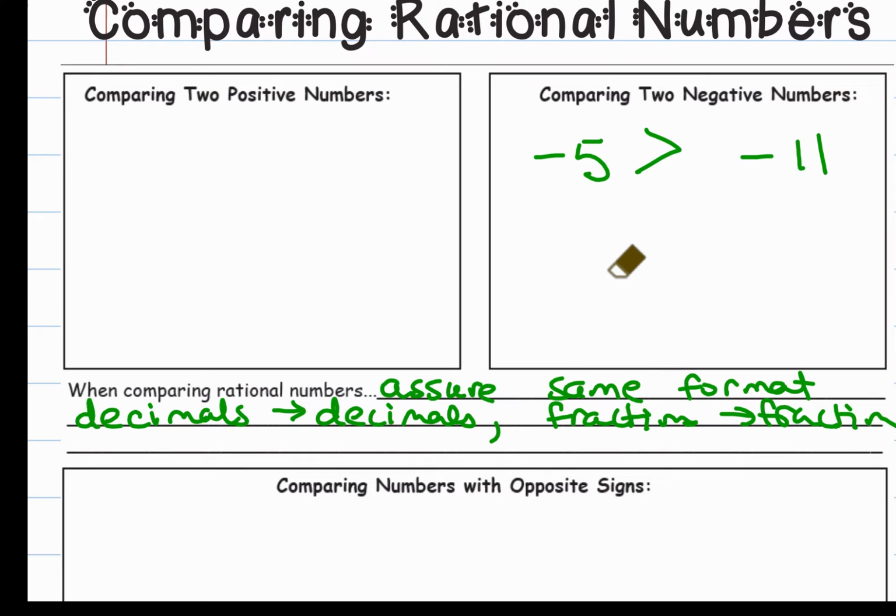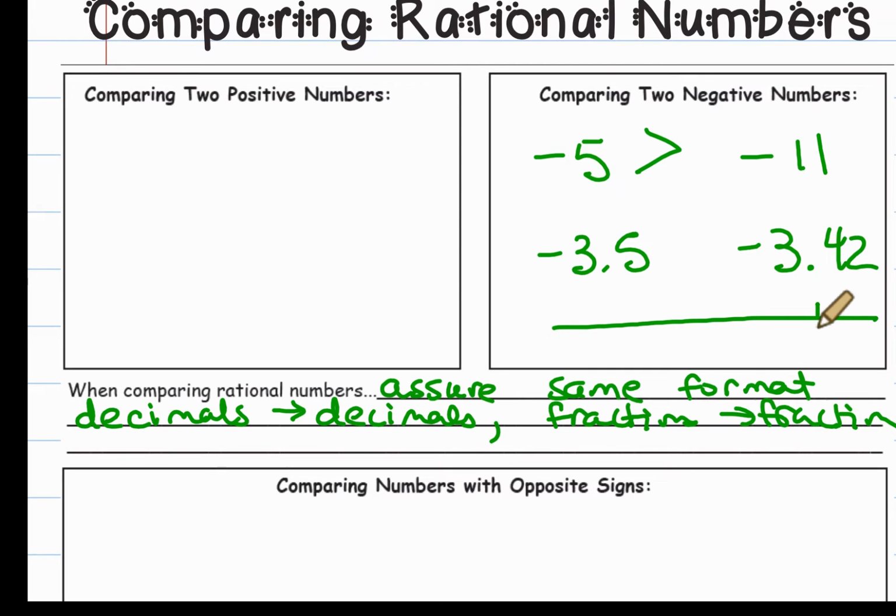So if I was comparing -3 and 5/10 to -3 and 42/100, how would I compare those? Well, if I was looking at a number line, here's 0, and here's -4, there's -2, and there's -3. I would have to get to -3, and then I would keep going, and -3 and 4/10 would be before -3 and 5/10.